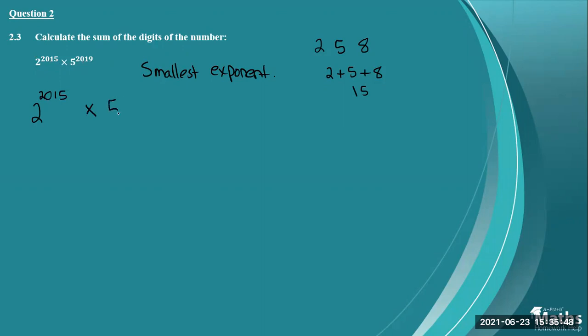So I'm going to break this one up, also working with 5 to the power of 2015. And how can I break it up? If I add a 4, because if you multiply the bases, you add the exponents. So then again, it will be 2019 again. Hope you understand that one.